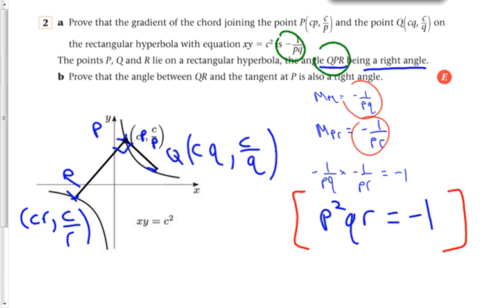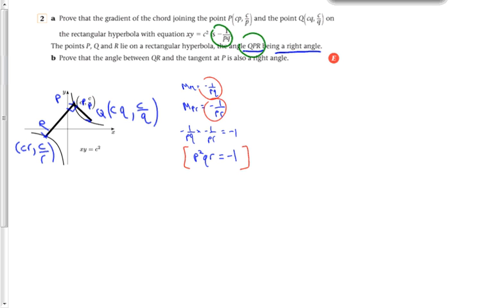Okay, so this is what we're given. And now we have to show that the angle between QR and the tangent at P is also a right angle. I've drawn it in.